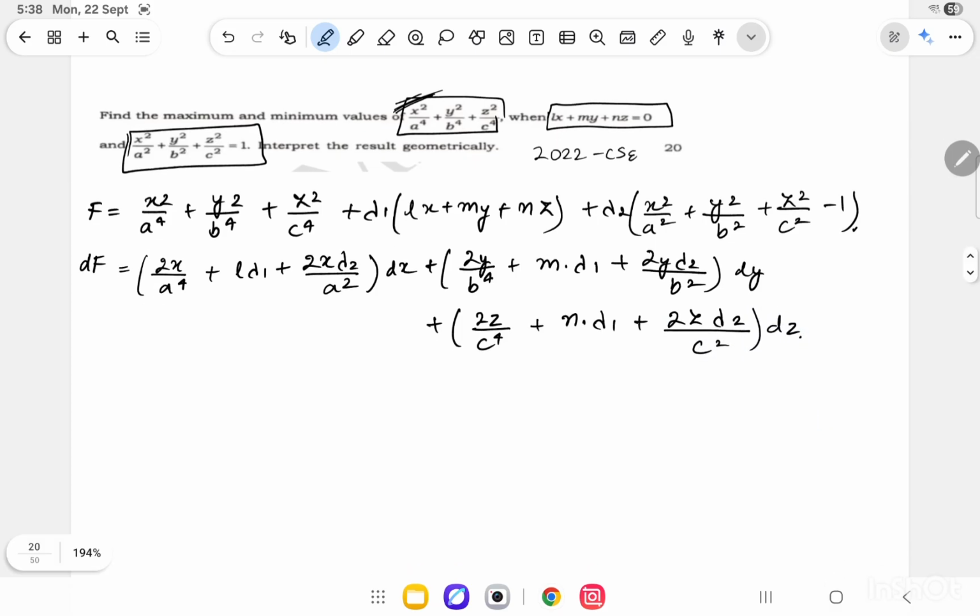So to get the points where it can attain maxima and minima value, we need to equate this total derivative with 0.